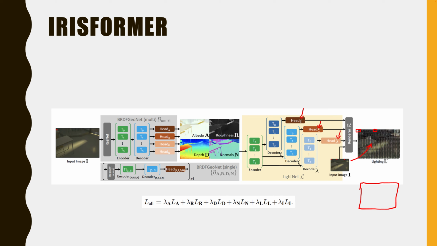And for the lighting, they have reconstruction. They render the image again and compare it to what they had, and also they have the ground truth for lighting, so they can apply the loss directly on the lighting. So that's it.